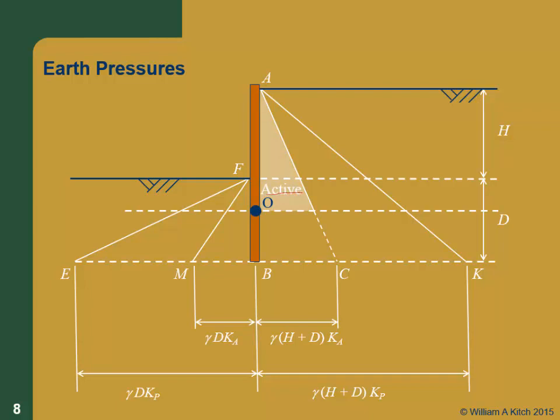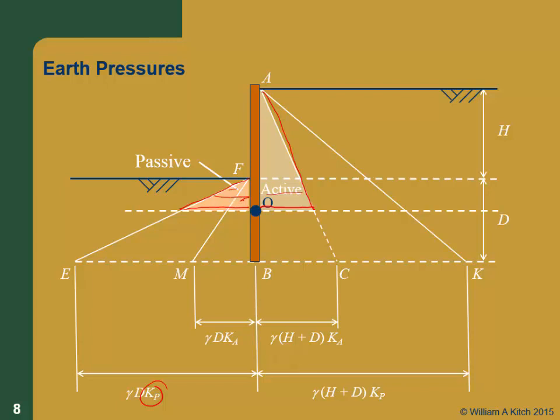So that is going to follow the active line down, and that's going to be the earth pressure on the back side of the wall above O. Above O, now on the front side of the wall, we're going to be following this passive envelope, right? We're going to be following the envelope that goes with K passive. So we're going to have an earth pressure diagram that looks like that.